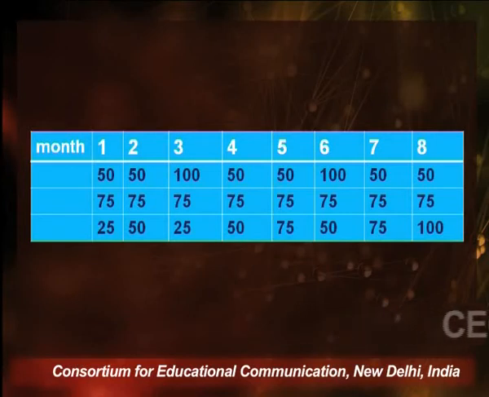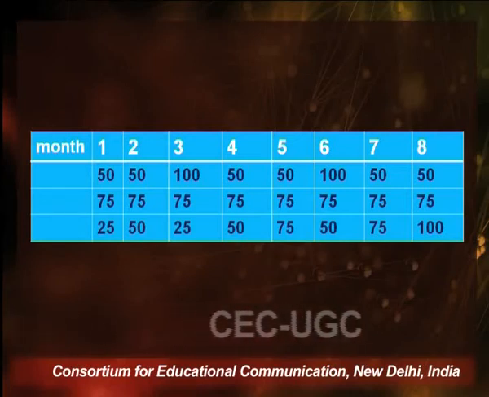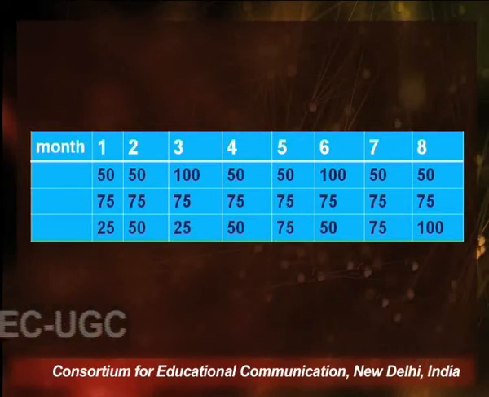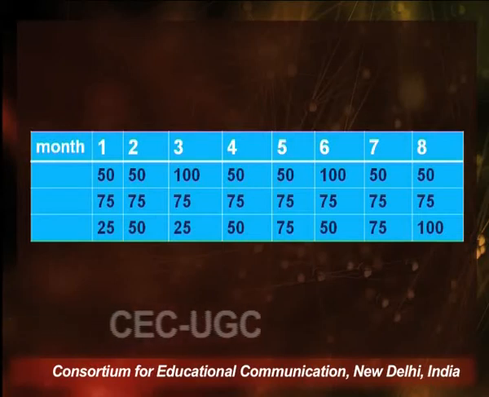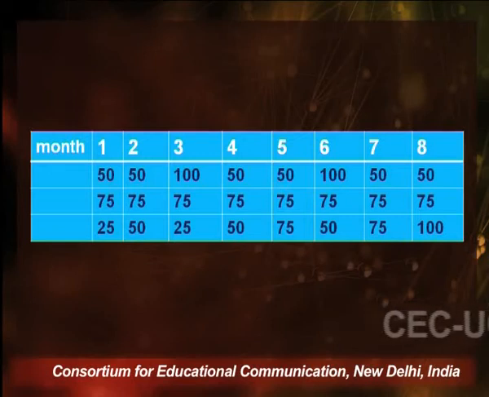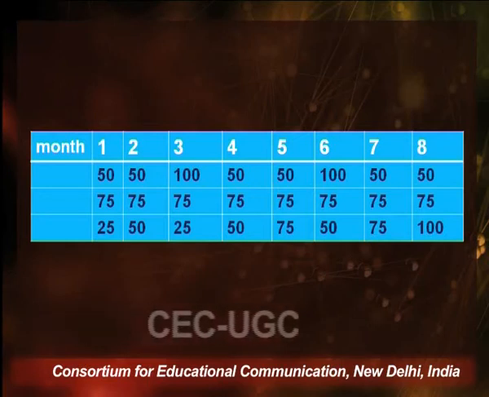Now coming to the third row. The third row says let us fix an amortized cost of, let us say, $75 for all the operations, or for all the months. This $75 is an overcharge for some months and an undercharge for some months also.